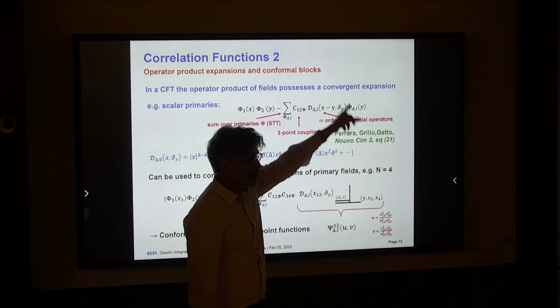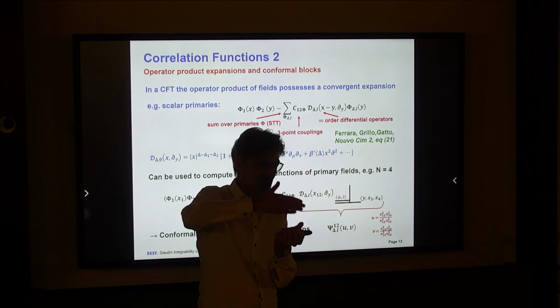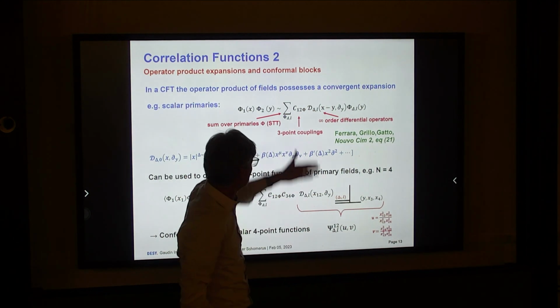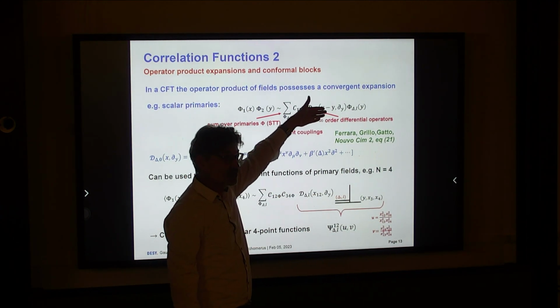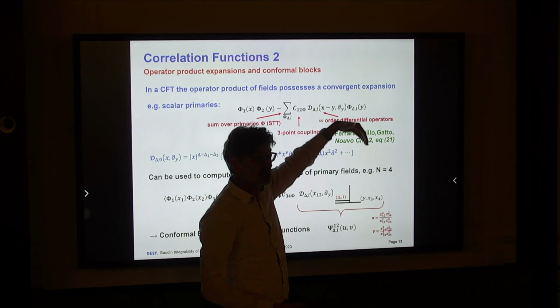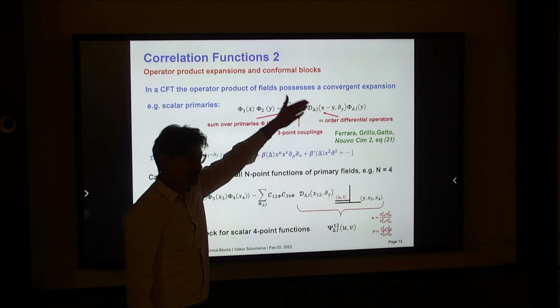And then some differential operators acting on the field. And these differential operators basically contain the sum over all the derivative fields, or descendant fields, right? So there's an infinite order differential operator that encodes how precisely in the OPE the primary and all its descendants appear. And these differential operators you can compute.